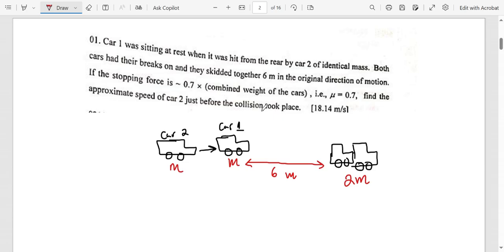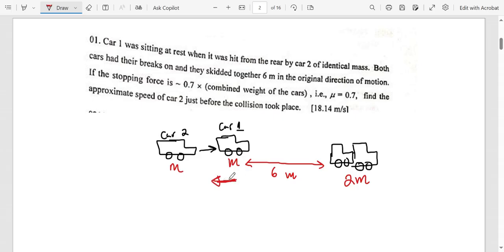So in other words, at the point when these two cars hit each other, they stuck. So at that point, the brakes are off or the brakes are locked, meaning that there is no forward force. But there is a force that is acting in the opposite direction, and we call that the braking force.